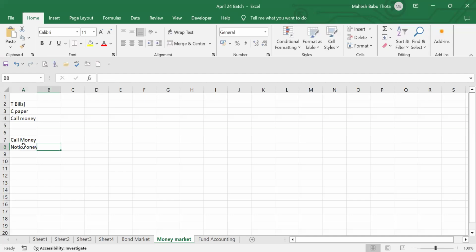Then we have notice money. In this notice money also there won't be a specific duration, but it is given only up to 14 days. There will be a certain duration, but up to 14 days only.